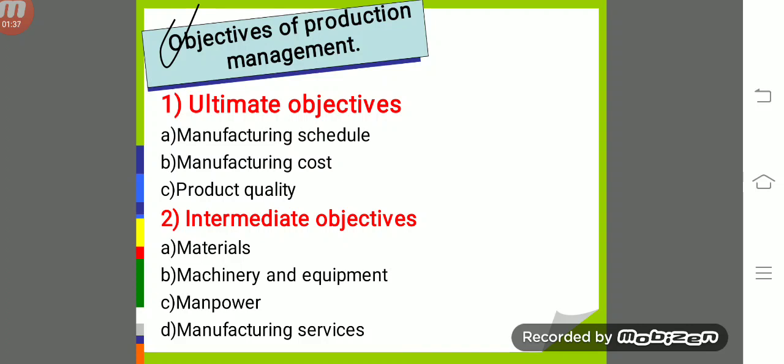That's why the second objective is the intermediate objective, and under that, the machineries and equipment objective.